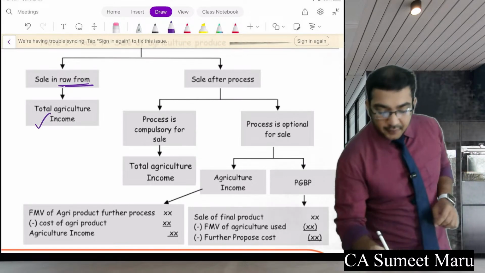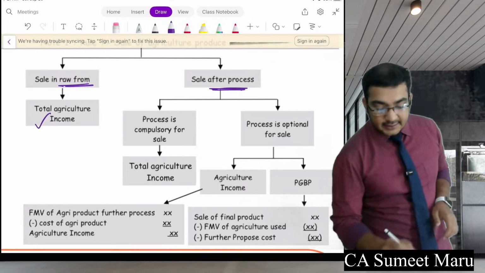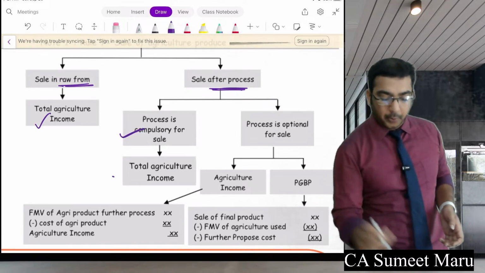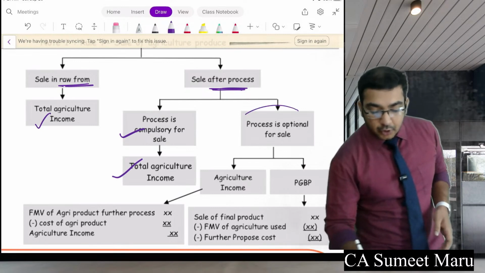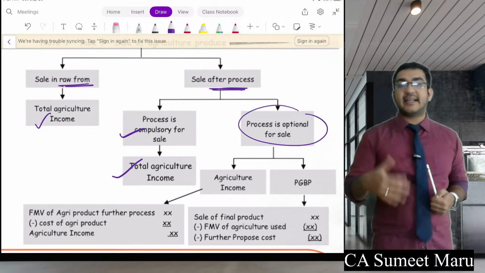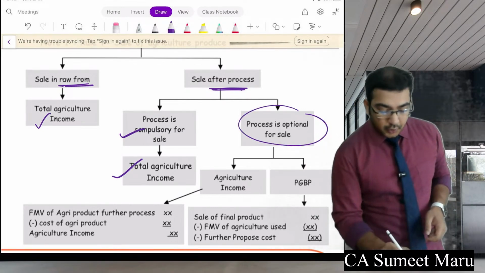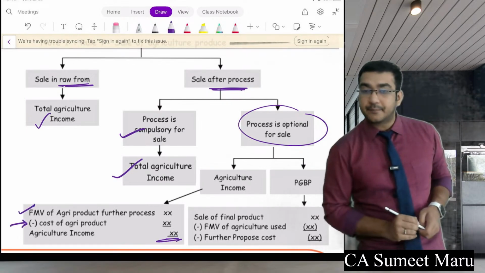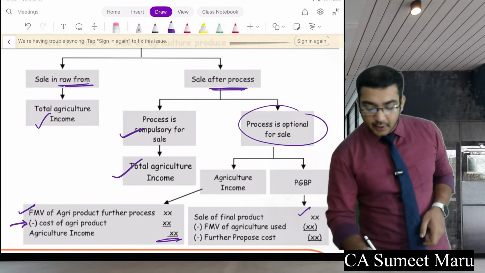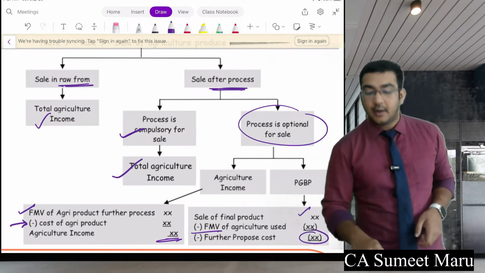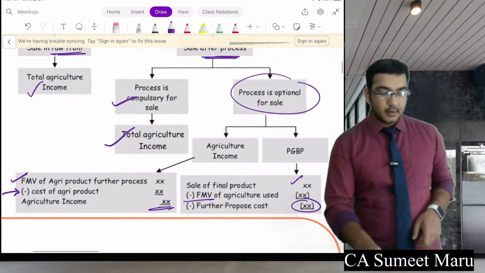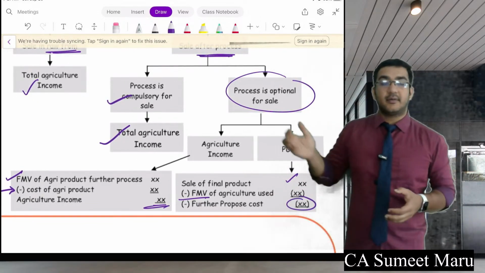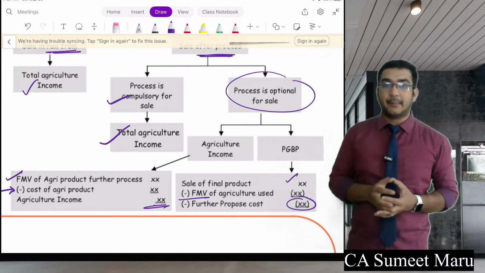When you further process it, in case the process is compulsory to make it eligible in a primary market, no problem, agriculture income. But if you do this optional process and extra work, your fair market value minus cost will become agriculture income, and sale of final product minus fair market value will become your business income, right? So this is in the way of formulas, but that was very logical which we played in an example.